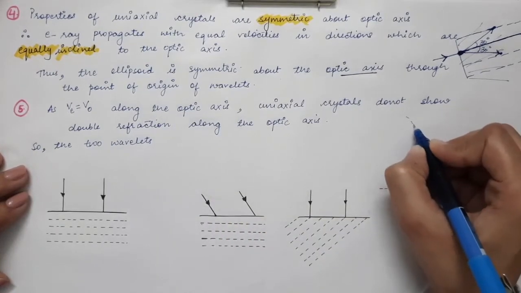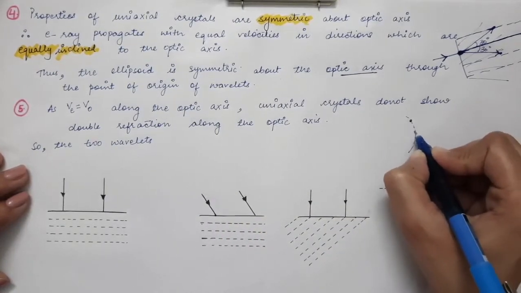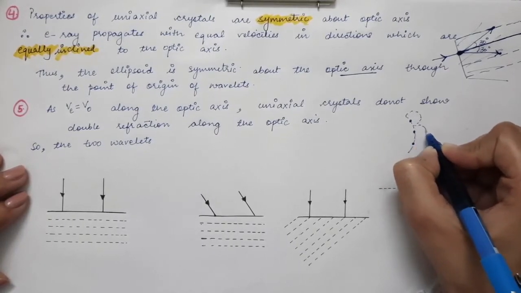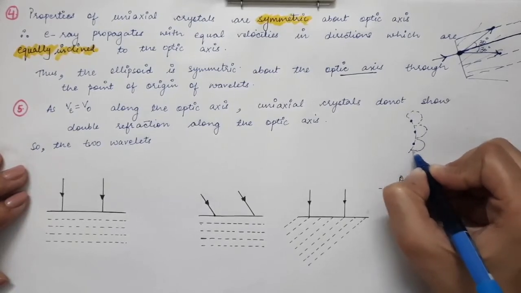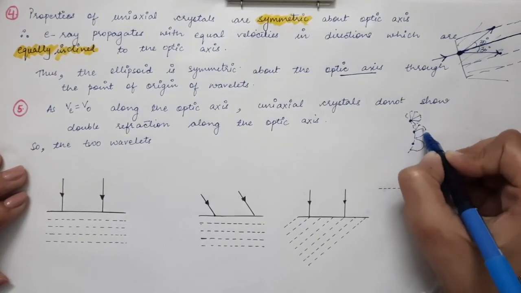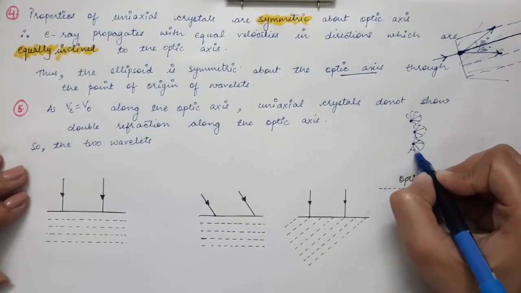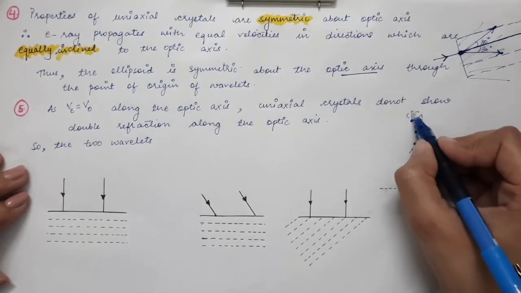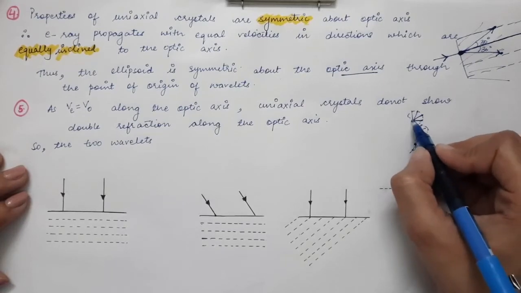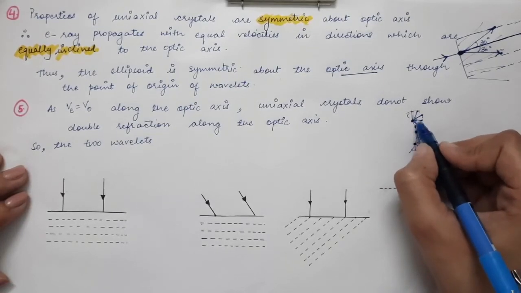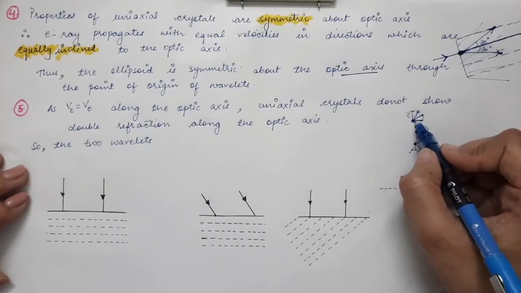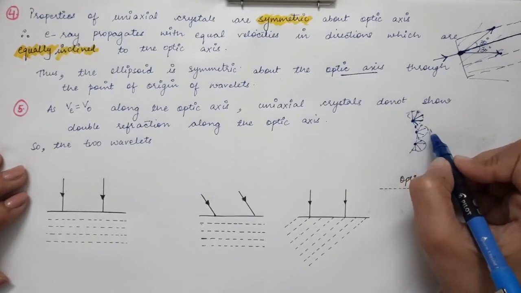Now, as we had shown, these were the spherical wavelets in the case of a point source. These distances are the same in all directions because the light travels with the same speed; the distance depends upon the speed of light. But for the case of the E ray, the velocity changes as you change its direction of propagation.